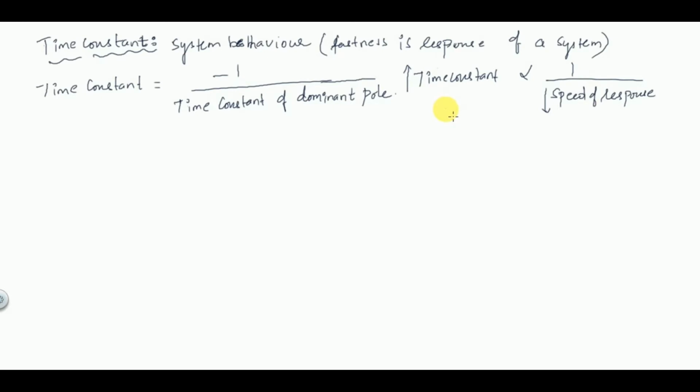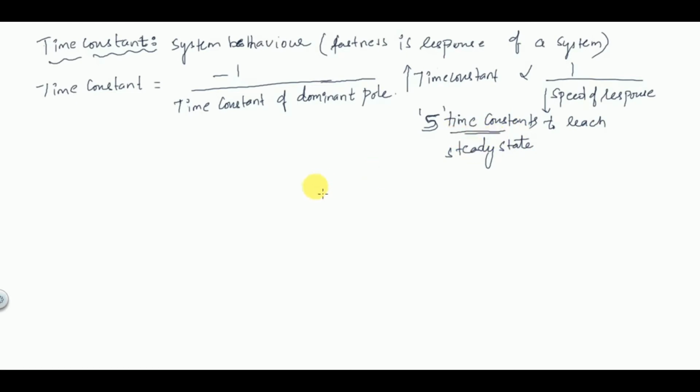Practically, any system requires 5 time constants to reach steady state, and this time constant depends on the system.